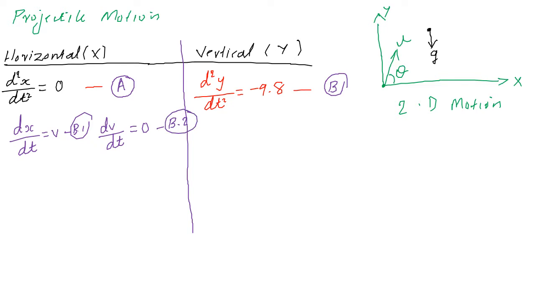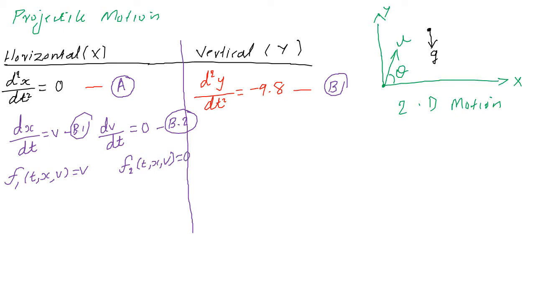You can call this function f1, the variables are t, x and v. And this equation you can call function f2 of t, x, v equal to 0.